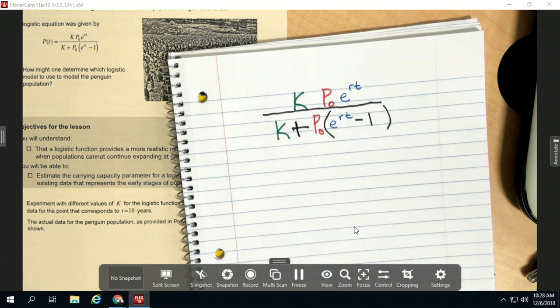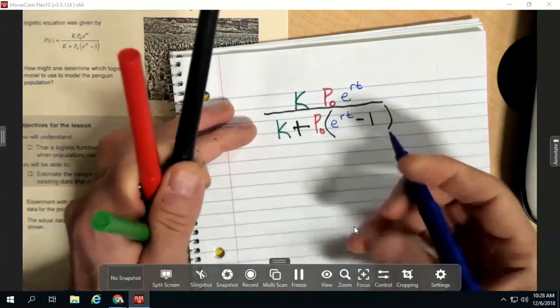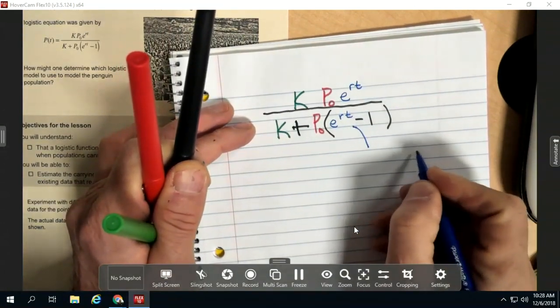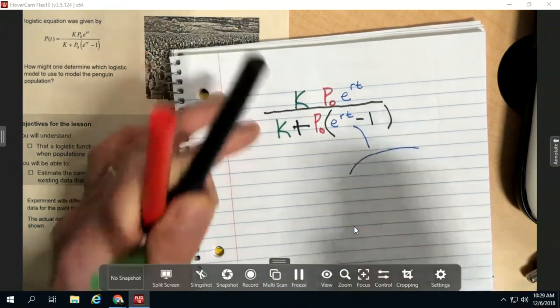If you take e to the RT, notice t is getting big. That's the only thing that's changing. T is getting bigger and bigger and bigger. If you subtract 1 from it, as it gets bigger and bigger, it's going to get bigger slower, right? So this part is causing the curve to slow down.